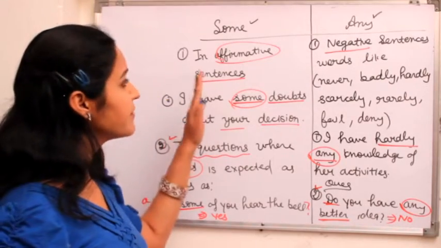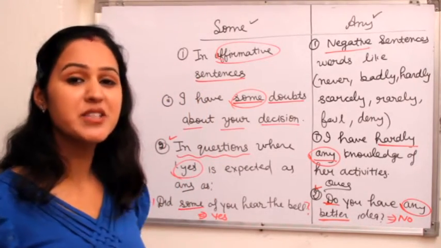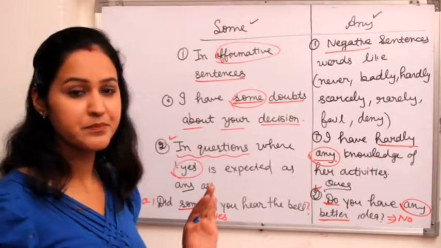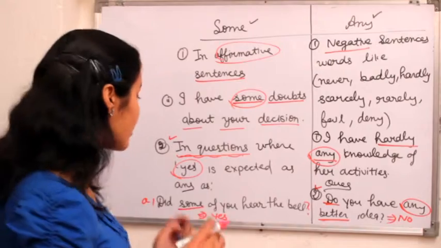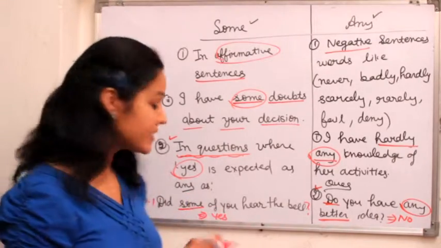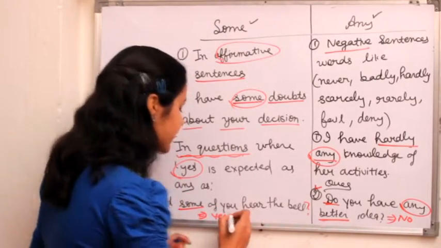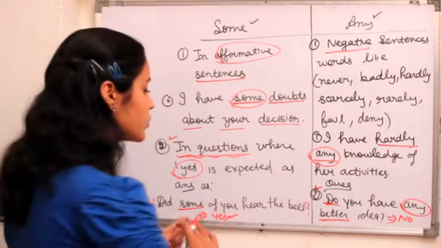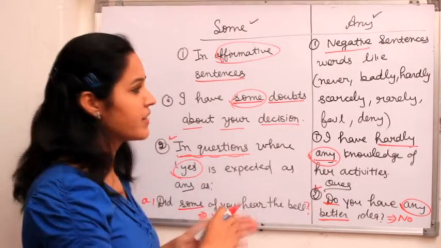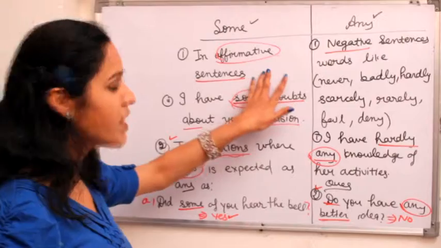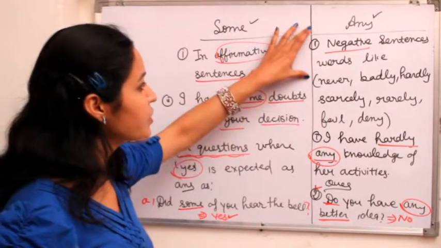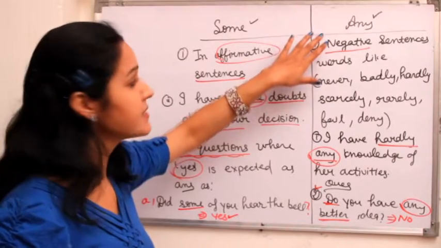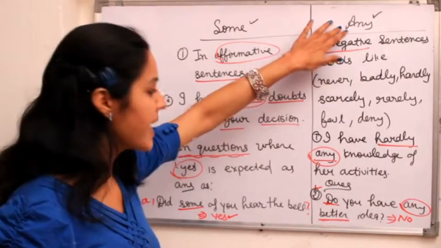In affirmative sentences you can utilize some, and in questions you have to look according to the sentence whether the answer is yes. So both are different. When you're talking about affirmative you utilize some, and when you are talking about negative sentences you utilize any.